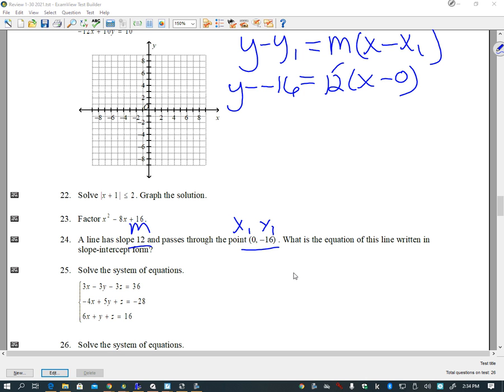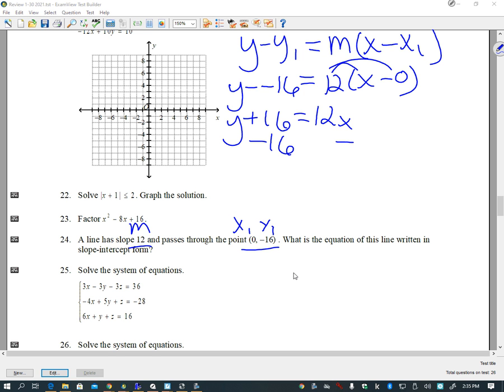All right, the only way we get better is by trying. So we've got y, and I'm going to go ahead and make that plus 16. Okay. Tell me about distributing the 12. What happens? 12 times x is 12x, and 12 times 0, there's nothing to do there, right? Bree, what would you do next? Subtract 16.